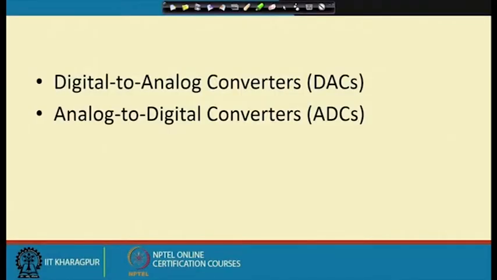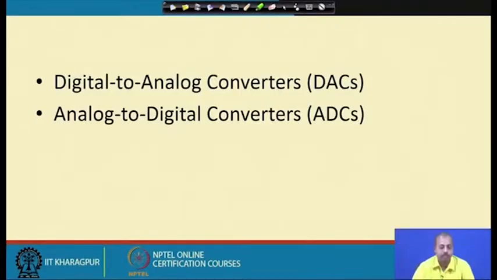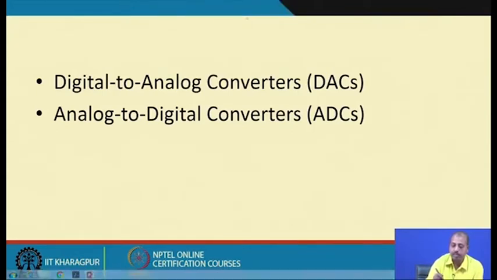In this part of the course, we will be looking into two such converter mechanisms. One is called the digital to analog converter, or DAC, and another is known as the analog to digital converter, or ADC. A typical diagram for this entire system is like this.